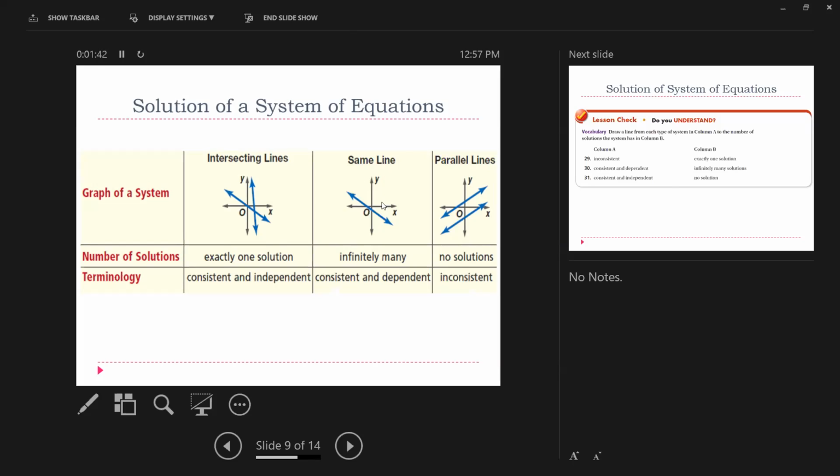Now this middle one, what's shown as the same line and infinitely many solutions, is a little bit different. It looks like one line. Well, how can that be?